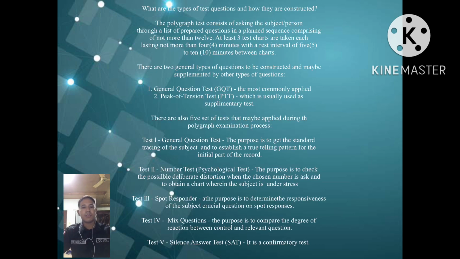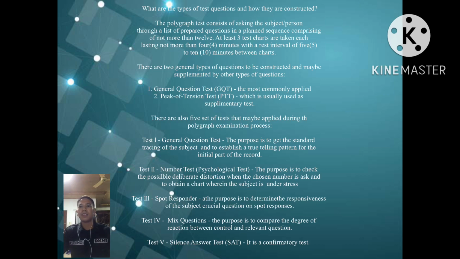Then, what are the types of test questions and how they are constructed? The polygraph test consists of asking the subject person through a list of prepared questions in a planned sequence comprising of not more than 12.